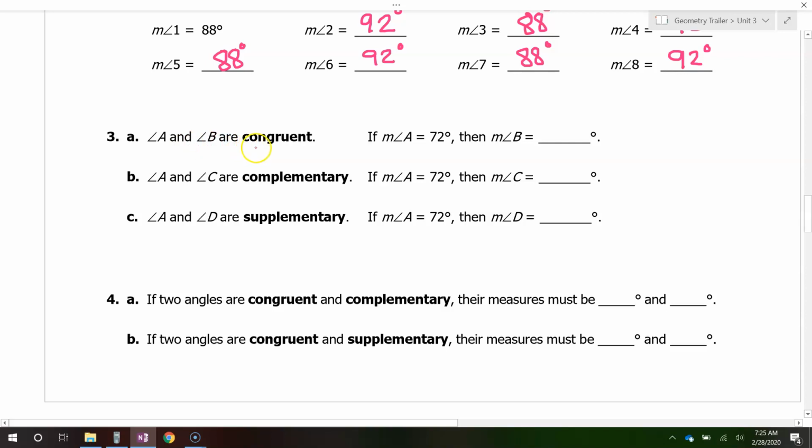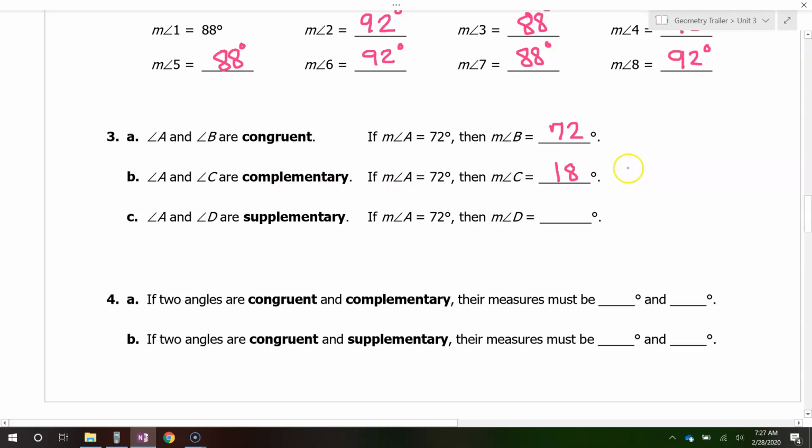If angle A and B are congruent, then if angle A is 72, then angle B is also 72, because congruent means they have the same angle measure. If angle A and C are complementary, if angle A is 72 degrees, then angle C is going to be 18 degrees.